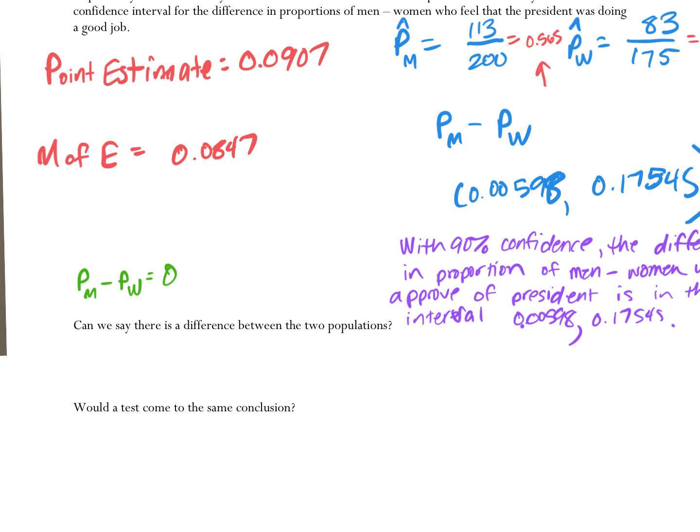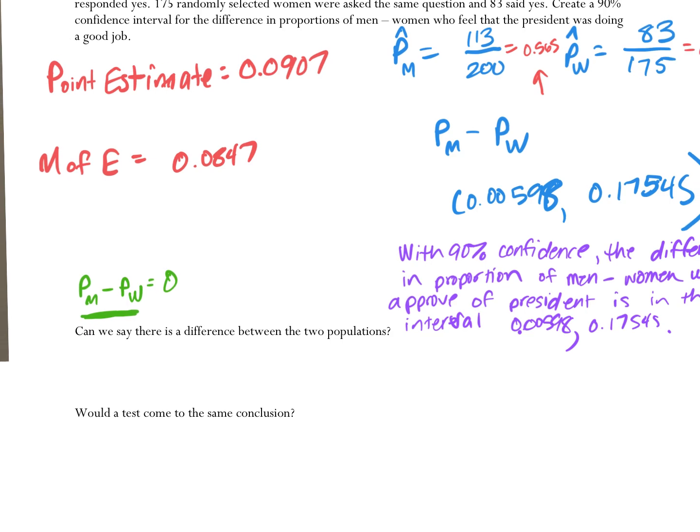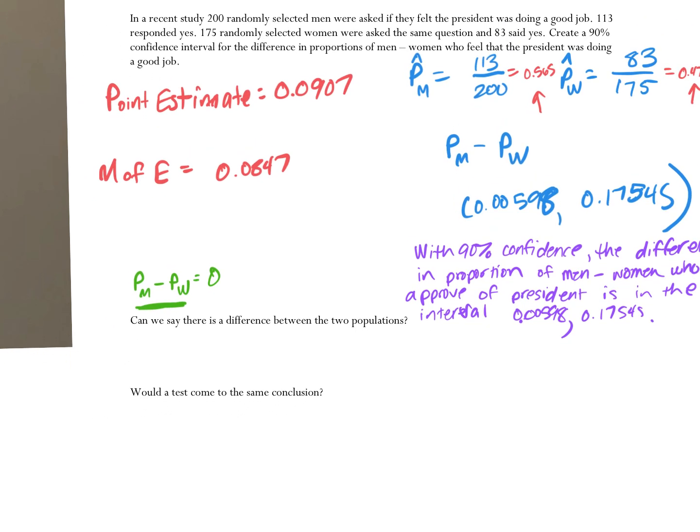What does it mean about this difference if the answers are positive? It would mean that PM would have to be bigger than PW. So our interval suggests that men are more likely to feel that the president is doing a good job. It's a higher proportion of men than women. And this is now beyond the sample. We can make this conclusion.